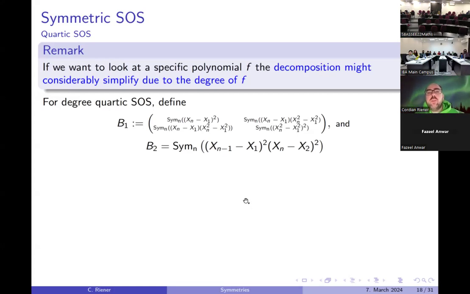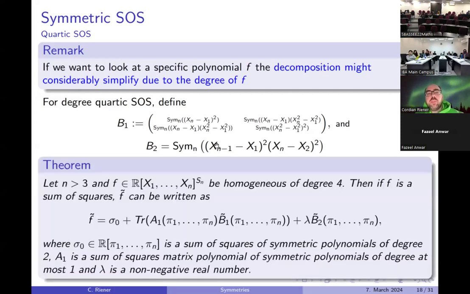So you do all these calculations, and you end up with two matrices, B1 and B2, which you symmetrize. How I arrived at these polynomials is maybe still a little bit mysterious, but again, this is just representation theory at work. You can use these projections that we had. So you get two matrix polynomials that you can symmetrize, and every homogeneous polynomial of degree 4 in whatever number of variables can be uniquely written in the invariant ring in this nice way.